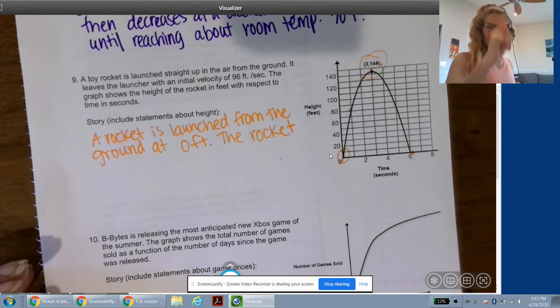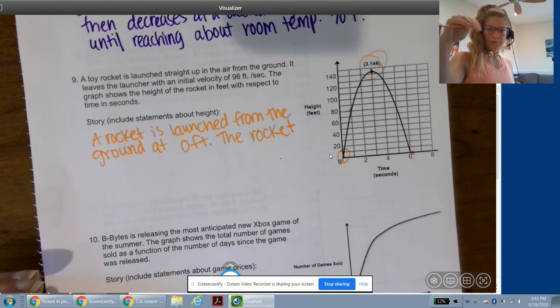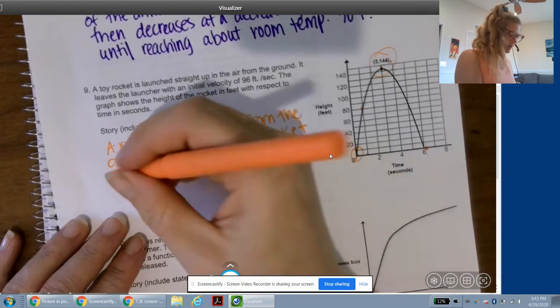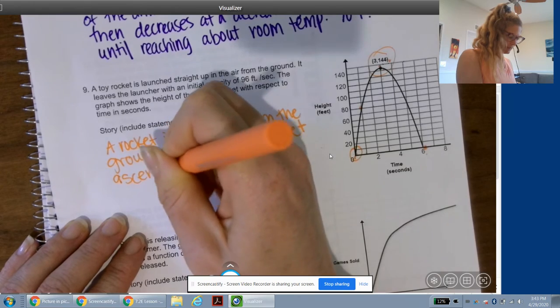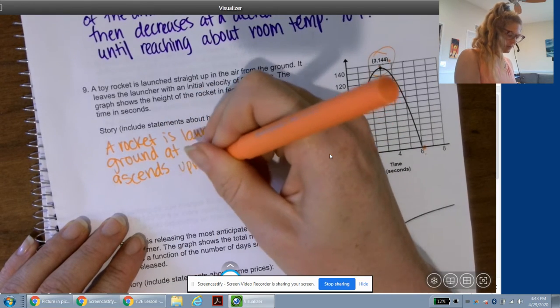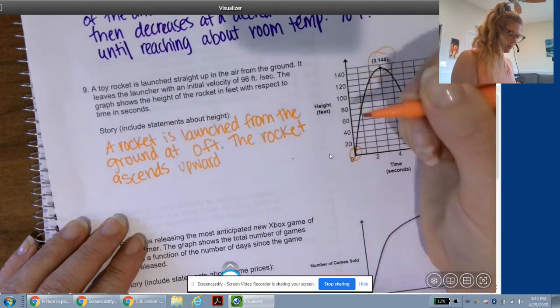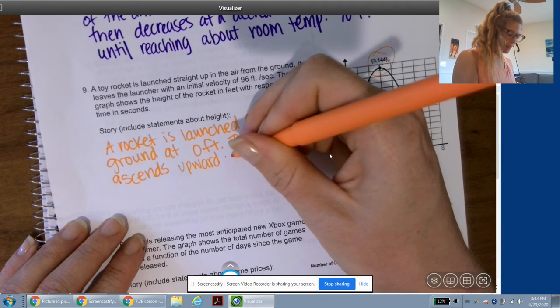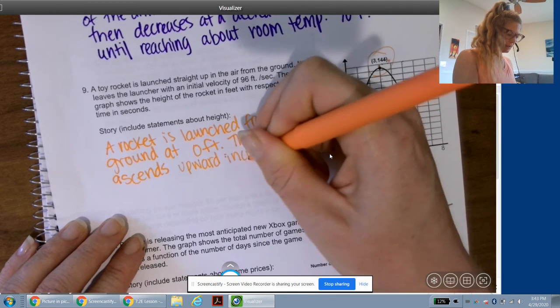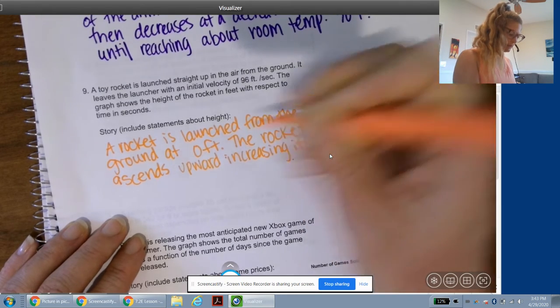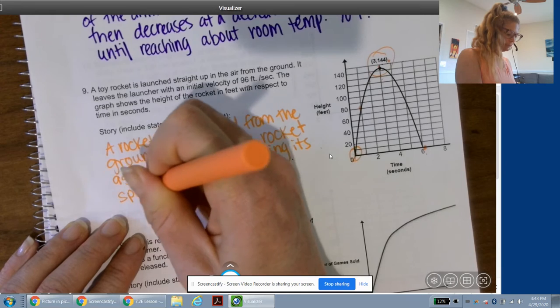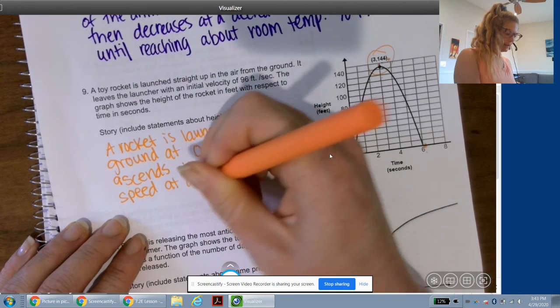So the word for going up into the air is ascending, because when you come back down, you're descending. Ascends upward, increasing its speed at a decreasing rate.